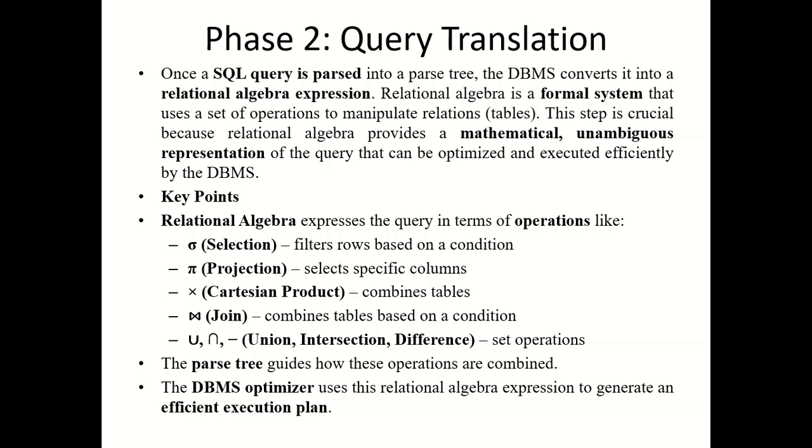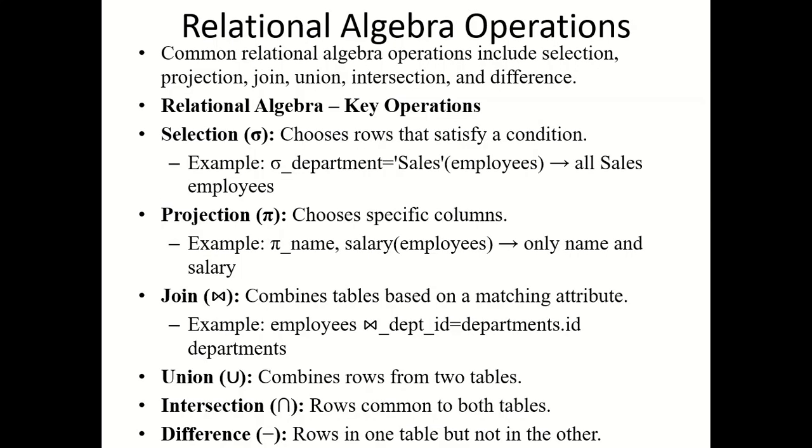Relational algebra is used for several operations. The first operation is selection, second is projection, third is Cartesian product, the fourth is join, and the next are union, intersection, and difference. Next, the relational algebra operations include the common algebra operations: selection, projection, join, union, intersection, and difference.